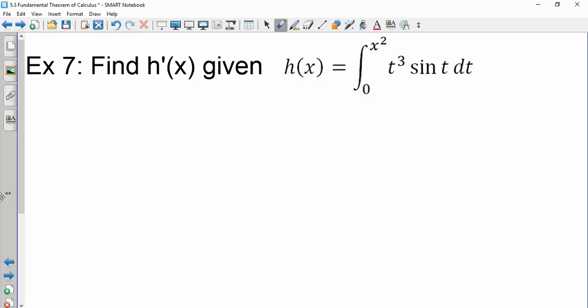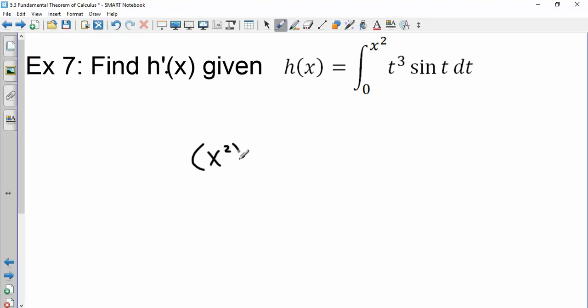I want h prime of x if h of x is the integral from 0 to x squared of t cubed sine t dt. So what am I doing here? The derivative of the antiderivative, so this is like the first part of the fundamental theorem. So we know the derivative and the integral essentially cancel each other. What am I going to change my t's to?